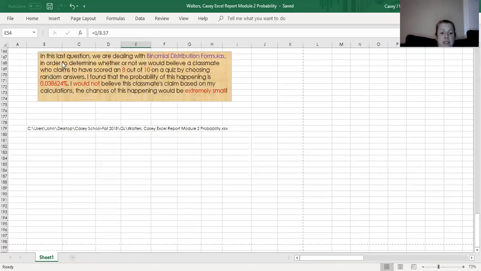I would not believe this classmate's claim based on my calculations. The chances of this happening would be extremely low, very small chances. And right here, I have copied and pasted the path for my assignment, so it's easy to see that this is in fact my work.